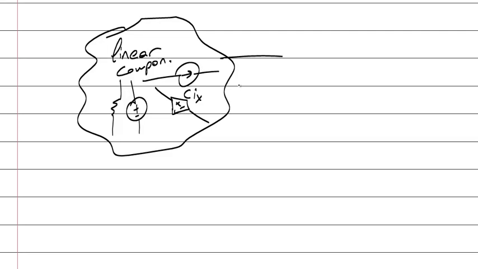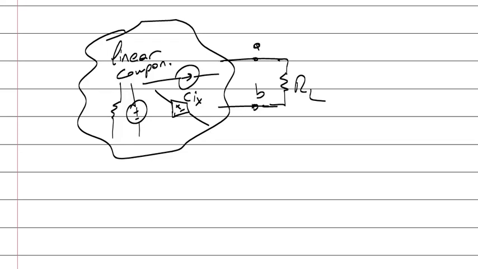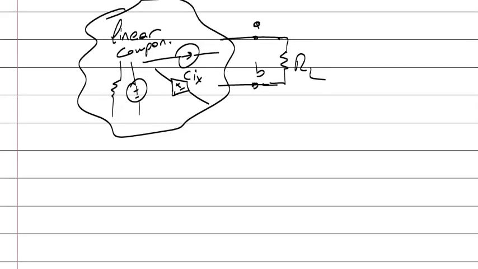You connect a load to that circuit between points A and B. What should be the situation for the maximum power transfer?